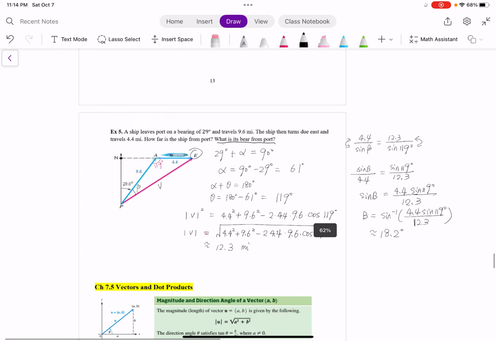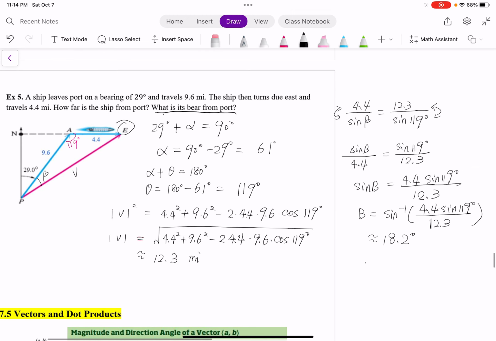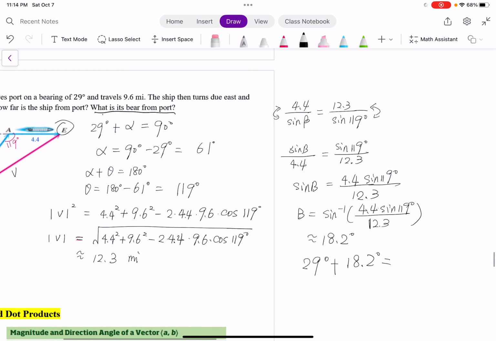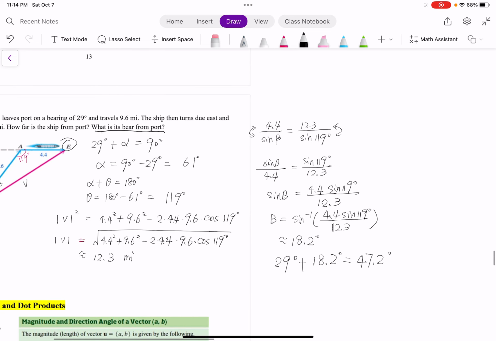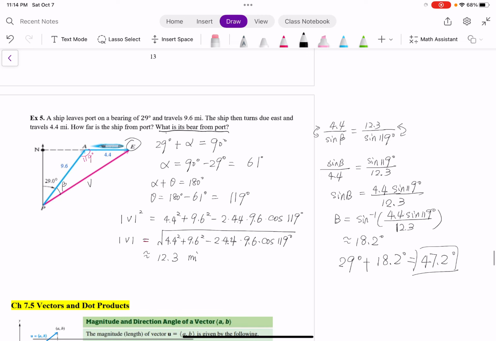And then the sum of 29 degree plus beta 18.2 degree is 47.2 degree. So the answer to the second question is the bearing is 47.2 degree. And the first question, the distance from P to E, is 12.3 miles.